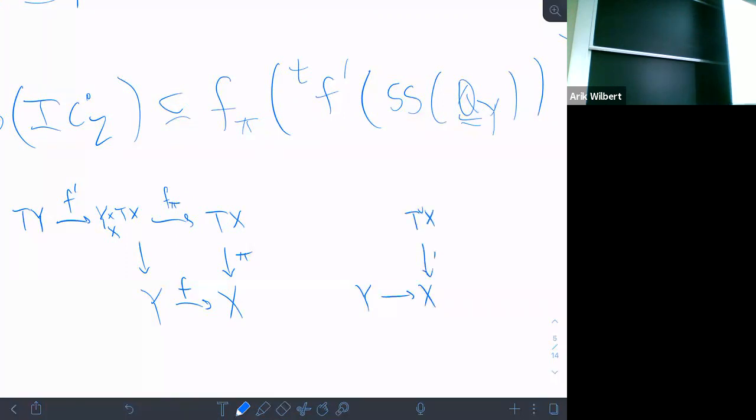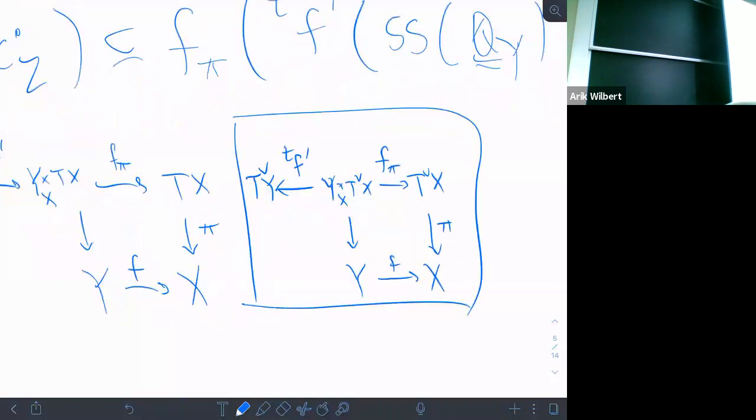So we still pull back, and I'm still going to call this pi because it's still f. Look at the pullback here, and by duality this arrow reverses. So this is f prime transpose, and this is still pi. That's the diagram that they look at.